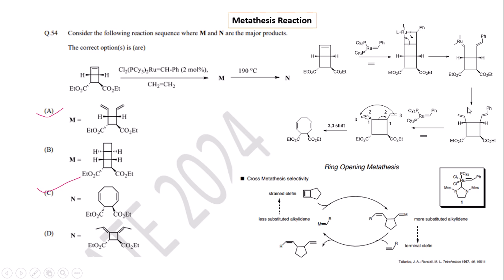Then this compound, in the presence of the alkene, transfers the alkene to the ruthenium carbene to give the product. This product has the capability for a sigmatropic shift, and we get the desired product after the metathesis reaction. And this is the mechanism for the ring opening metathesis reaction.